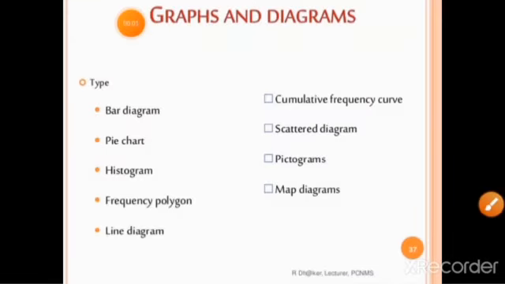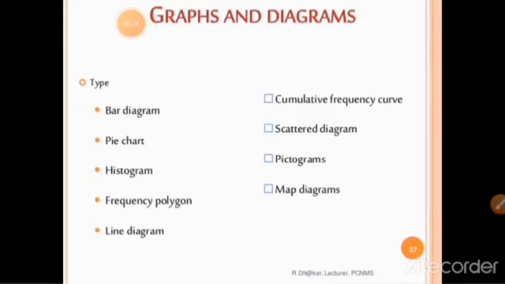Now we are going to see the diagrammatic presentation of data. The diagrammatic method of presentation provides quicker understanding when compared to tabular presentation. Diagrammatic presentations are more effective than data presented in tabular form. There are various kinds of diagrams which can be used for presentation of data.